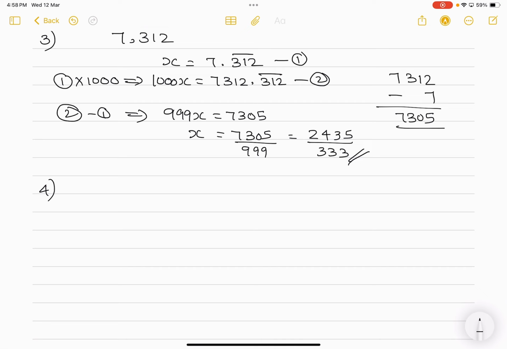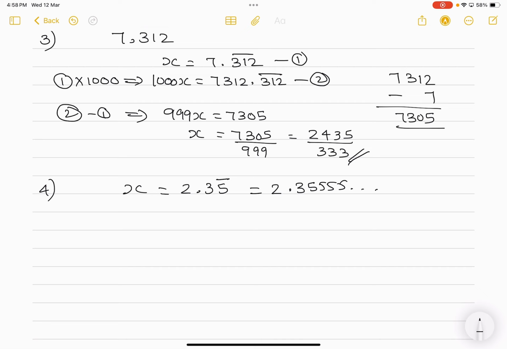Next question. Now look at this. Suppose x is 2.35 bar. The bar is only for 5. Now on the right hand side you are going to get mixed numbers. The bar is at the end. What is the meaning of this actually? 2.3, then 555 is coming. So now what you have to do, only the bar part you have to keep on the right side. Our aim is to remove the bar from there.